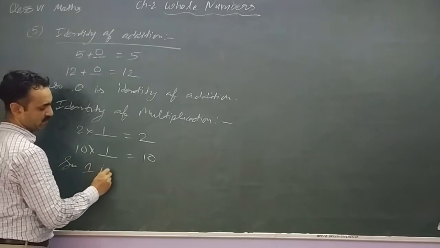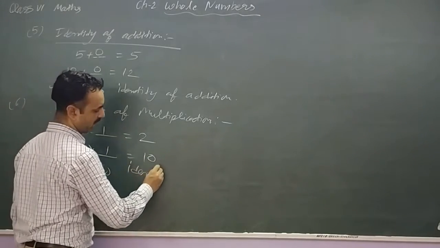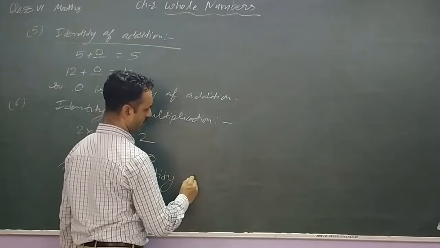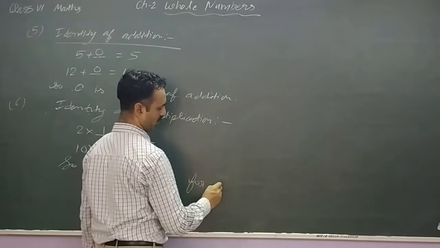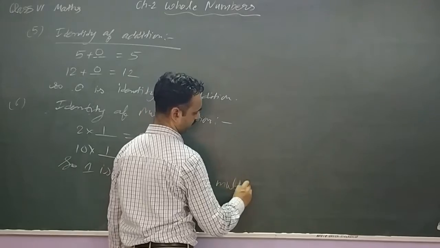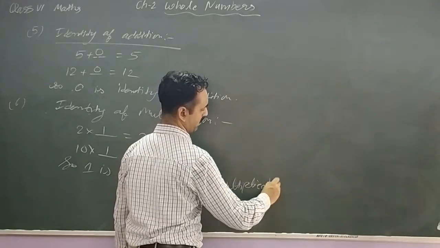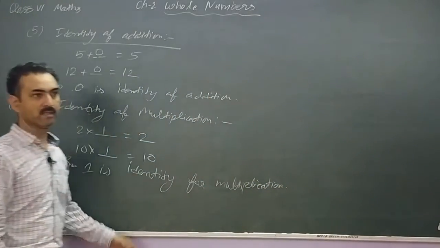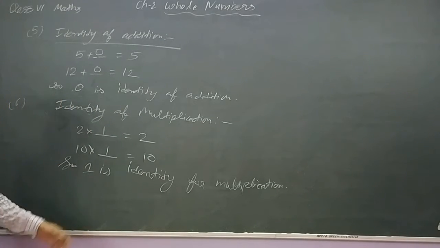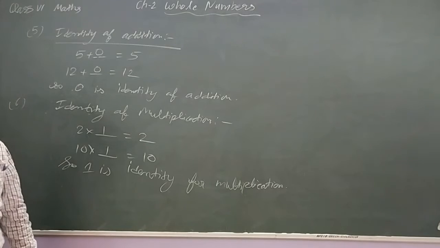So 1 is the identity for multiplication. So these are the 6 properties we have covered here.